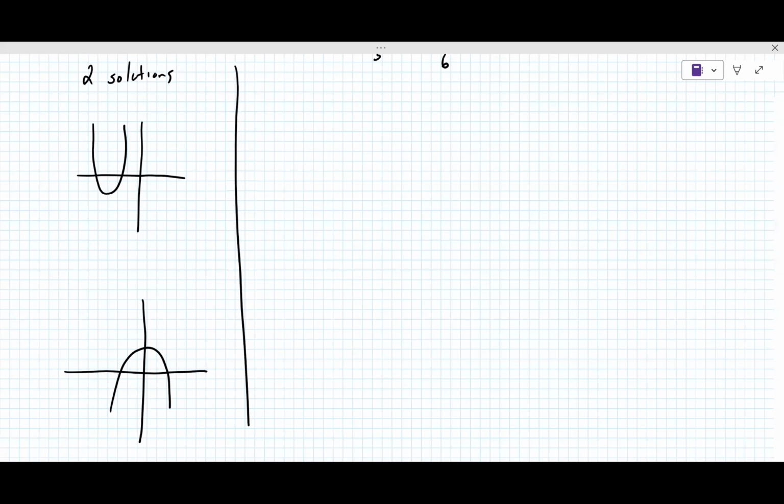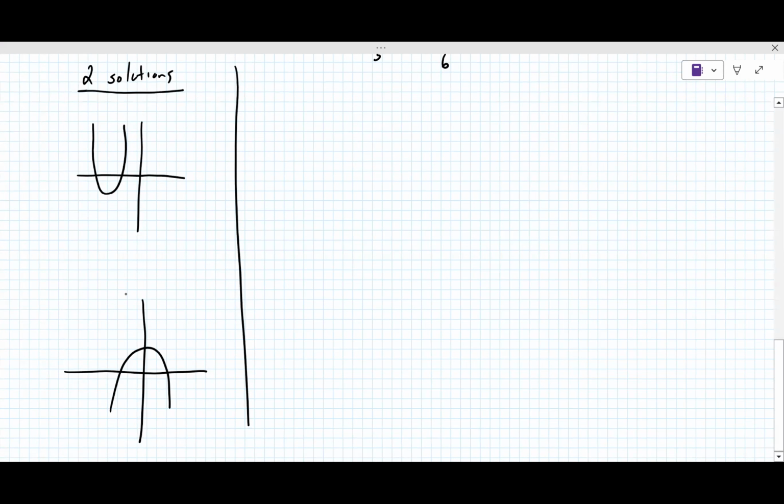Okay. So let me lead you through that here. How many times does this U-shaped cross the x-axis? Only once. What about over here? Oh, sorry, twice. Twice. And then same question here. How many times does this U-shaped graph cross the x-axis? Twice, right? Twice. So the 2 solutions, you can think of solutions as number of times that it crosses the x-axis.